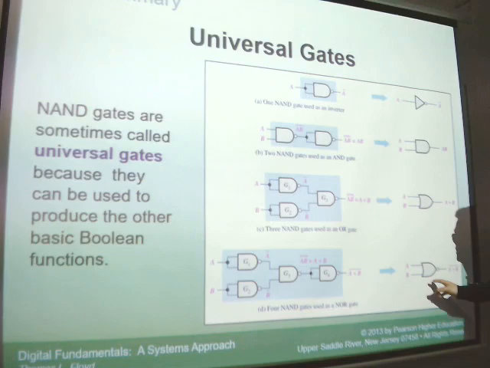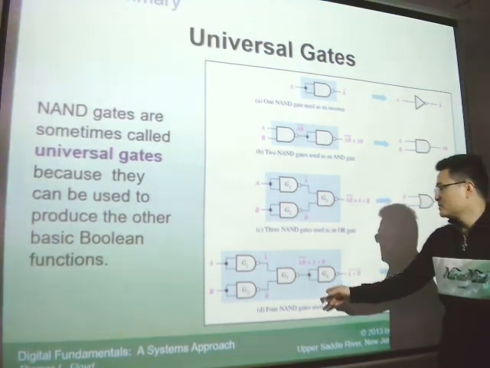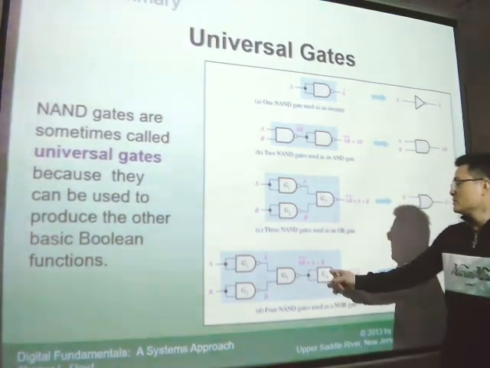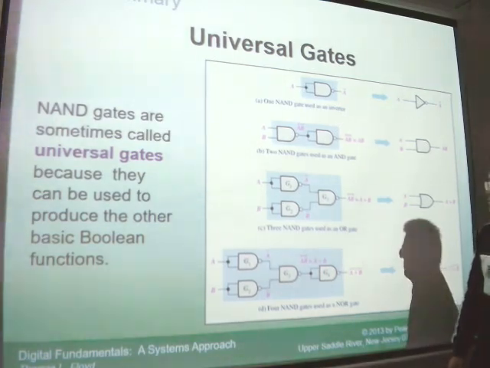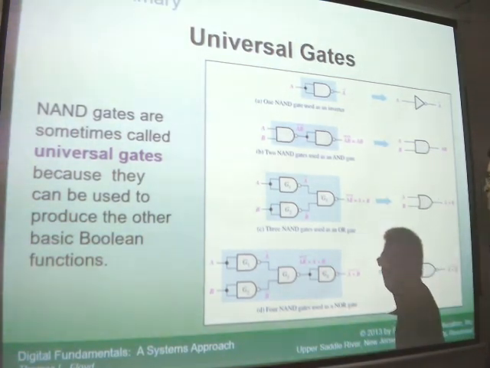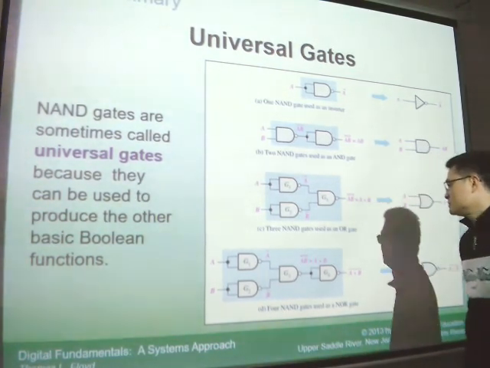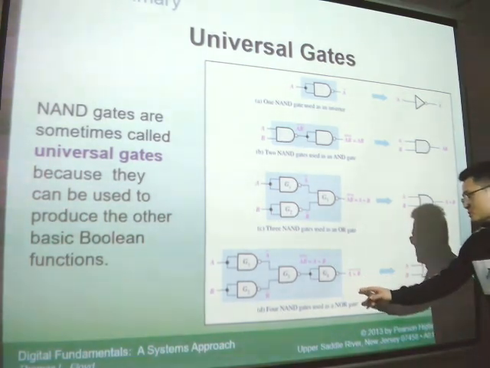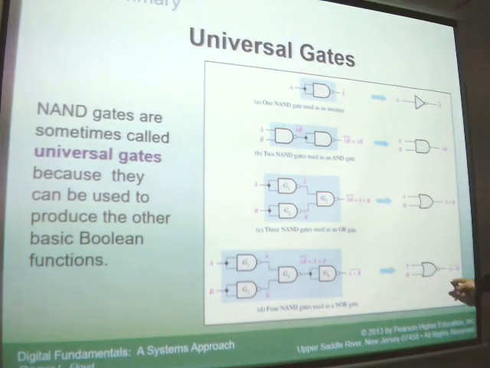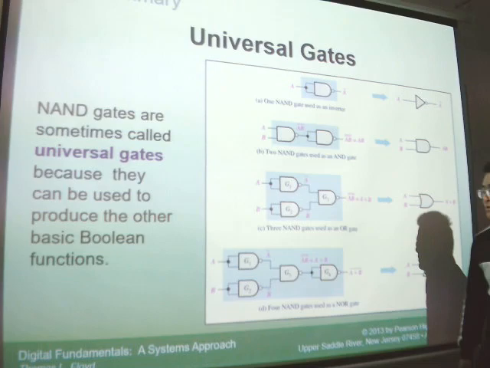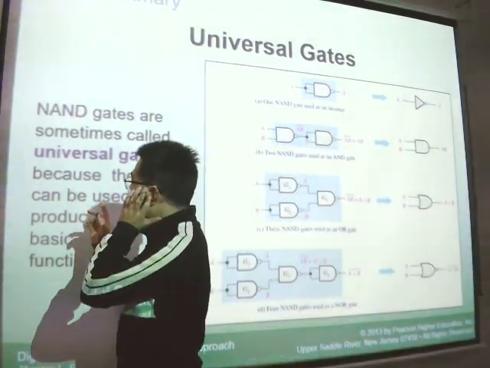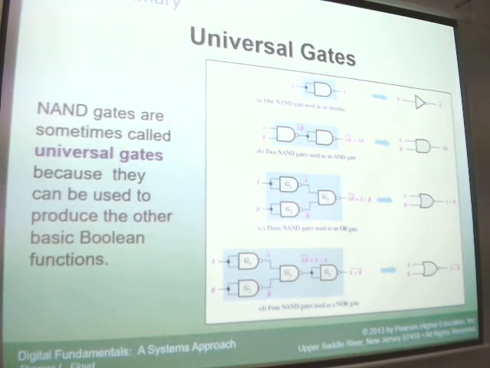NOR gate: just add one more NAND gate. So 4 NAND gates can be used as a NOR gate. So we call NAND gates universal gates.